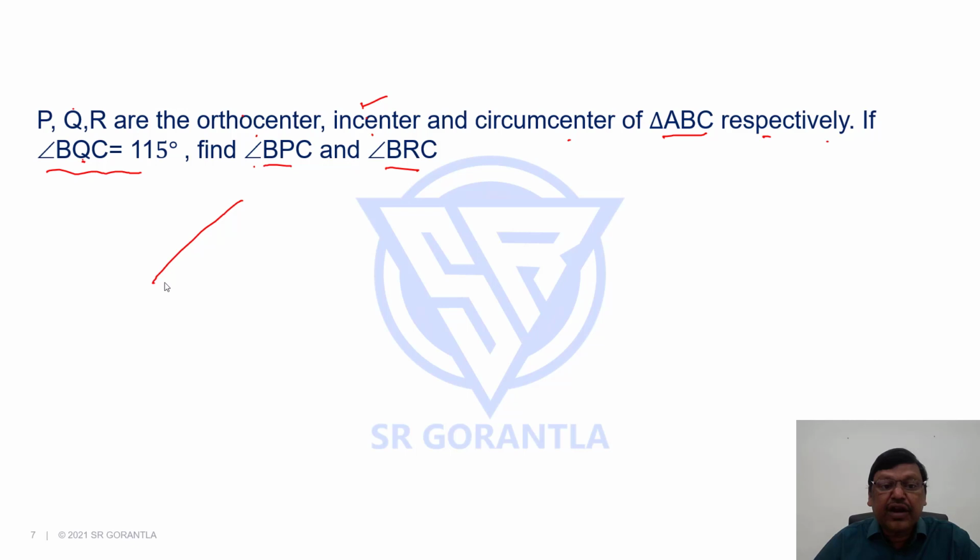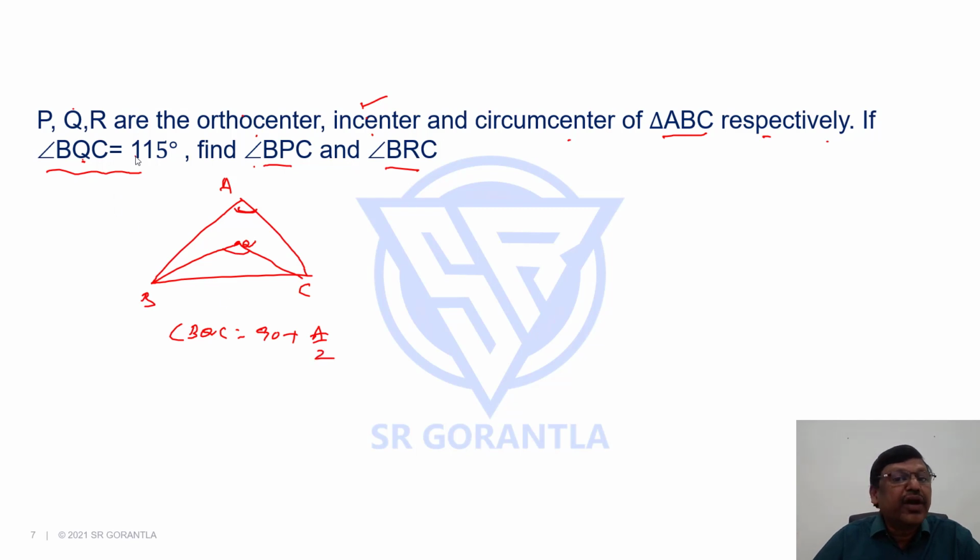If I draw a triangle ABC, and Q is the incenter, angle BQC is 90 plus half of the opposite angle, that is A by 2. But we know angle BQC is 115. 115 degrees equals 90 plus A by 2, so A by 2 equals 115 minus 90, that is 25 degrees, or A equals 50 degrees.